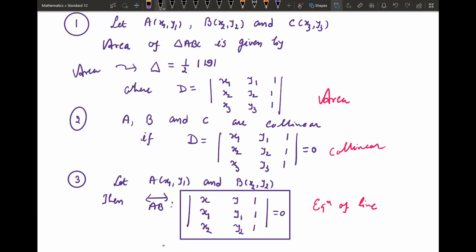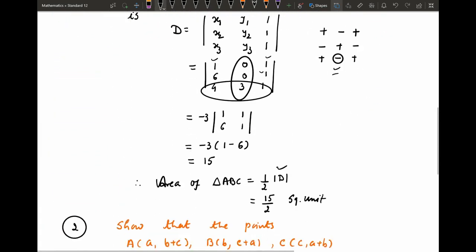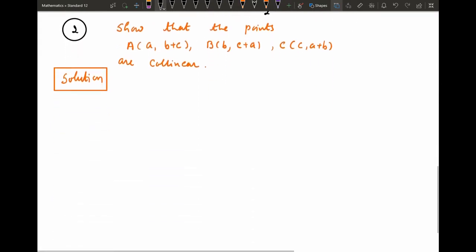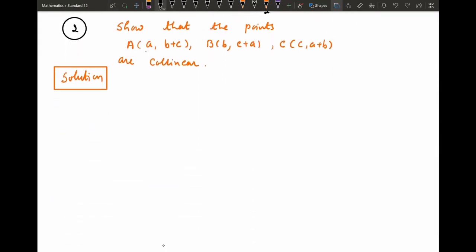So we will find value of D: x1 y1 1, x2 y2 1, x3 y3 1. Coordinates of A we will consider x1 y1, coordinates of B we will consider x2 y2, and coordinates of C we will consider as x3 y3.